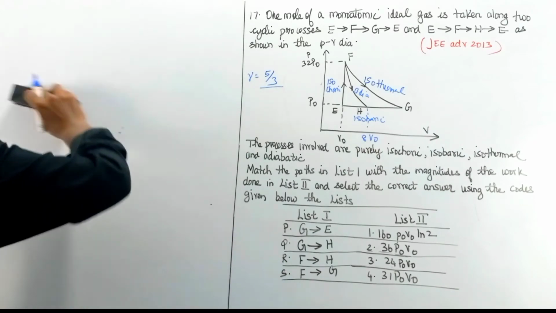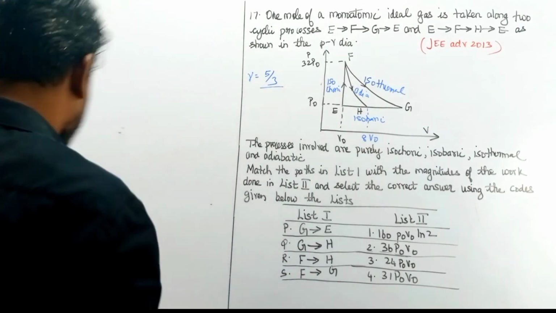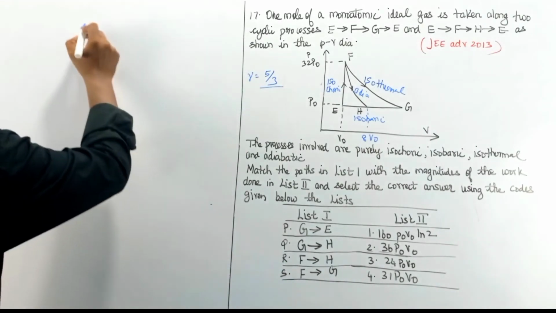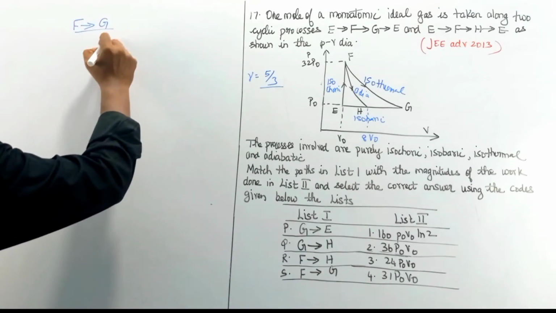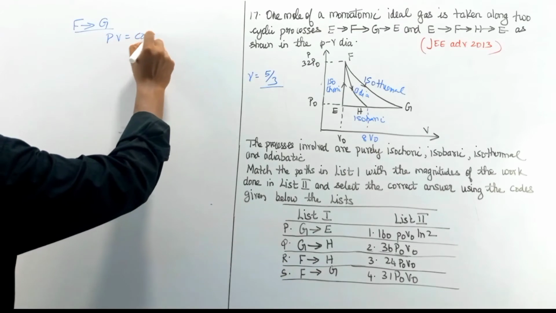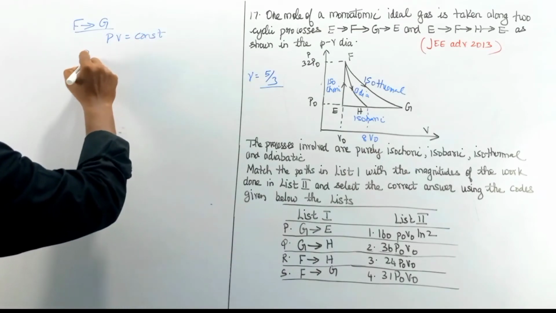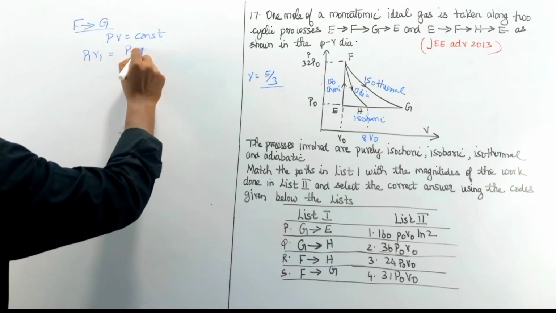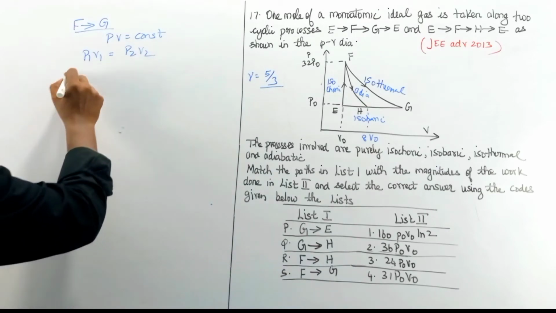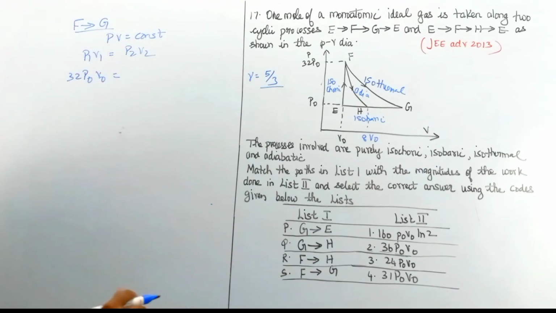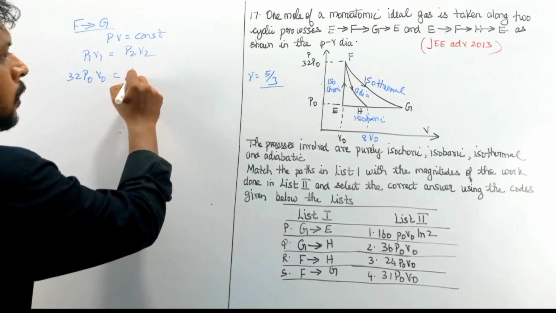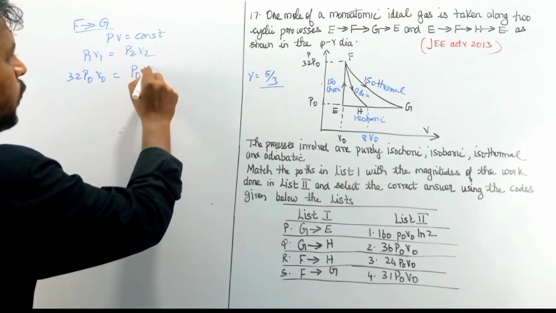Now consider the isothermal process, that is FG. Similarly, we consider FG, the isothermal process. We know that PV is equal to constant, so P1 V1 is equal to P2 V2. Here it is 32 P0 and V0, and on the other side P0 into Vg.